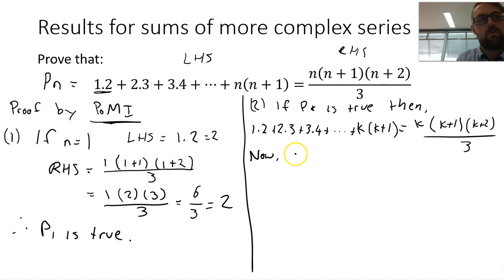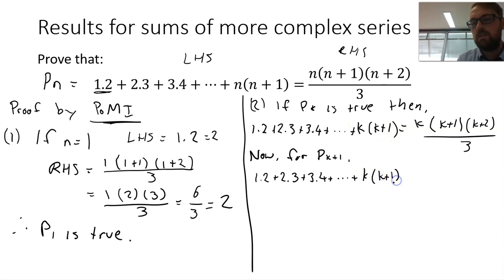Now, for P of k plus 1, the next domino in the line, we get 1 times 2 plus 2 times 3 plus 3 times 4 plus and so on, plus k times (k plus 1). The next one in line still has this term, plus it's going to have an extra term, a (k plus 1)th term.